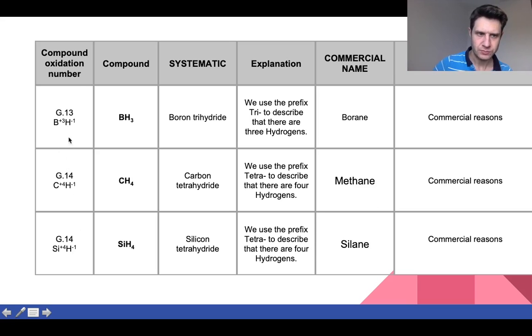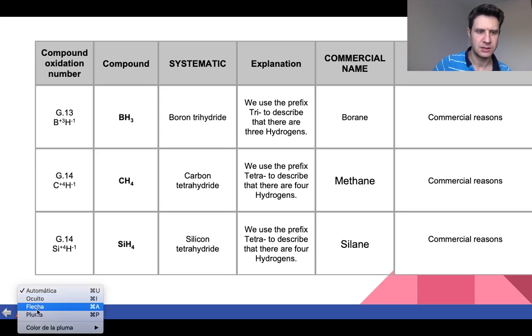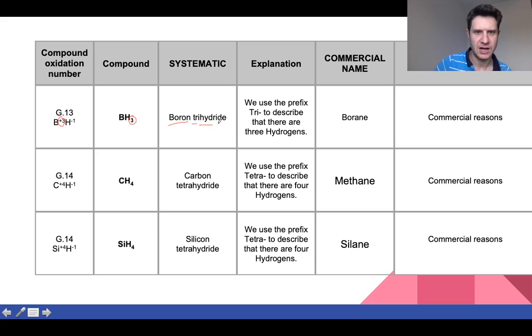Good. Group 13, boron, in this case has +3 oxidation number. We write it close to hydrogen. We say boron 3 hydrate.